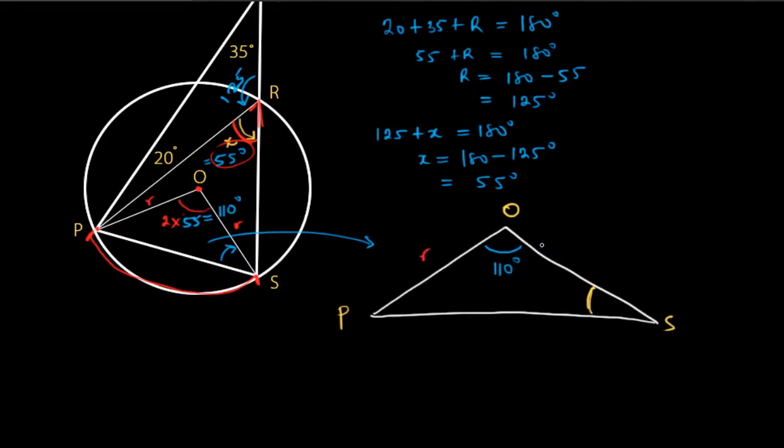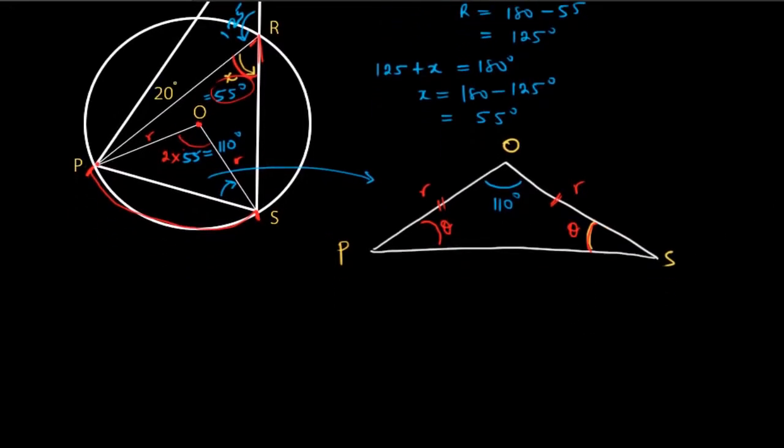So that means here is R, and here is also going to be R. Now what this implies is that this is an isosceles triangle, and what I mean is that the length of OP must equal the length OS. Now if the length from here to here equals the length from here to here, what that implies is that the angle here must equal the angle you have here. So in other words, if here is theta, then here must be theta.